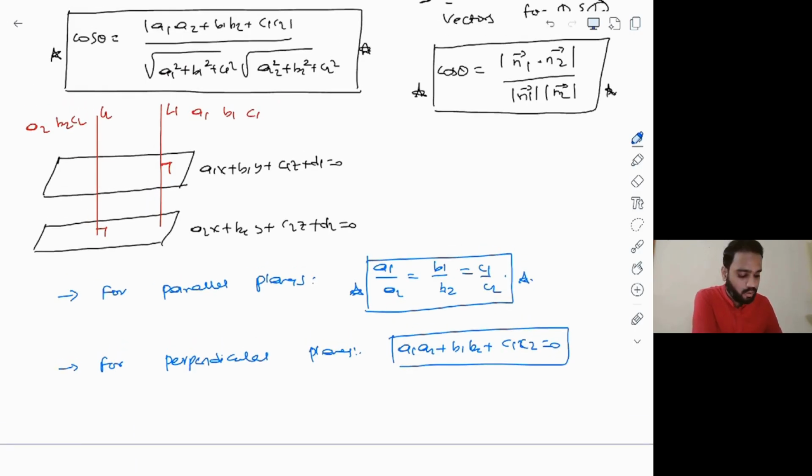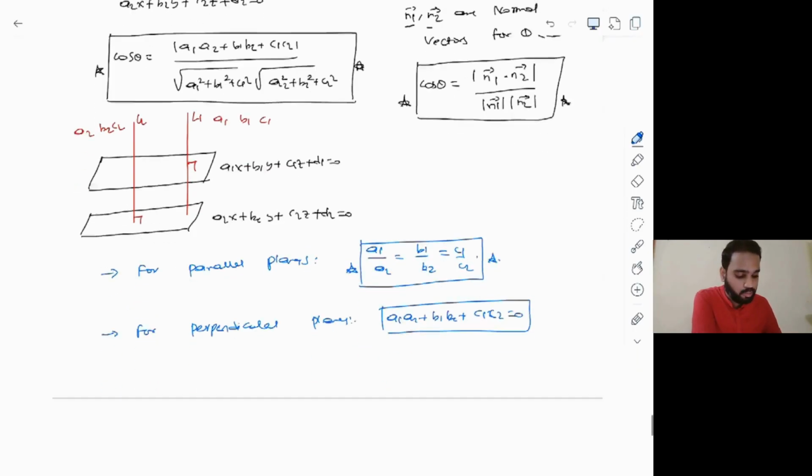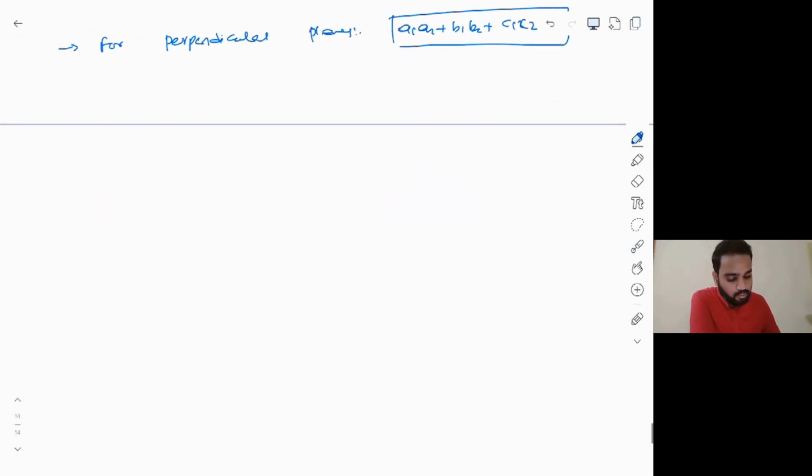Okay, now once we know this concept, how to find out angle between two planes, immediately we need to know one simple concept here. For example, if there is a plane ax plus by plus cz plus d is equal to 0.